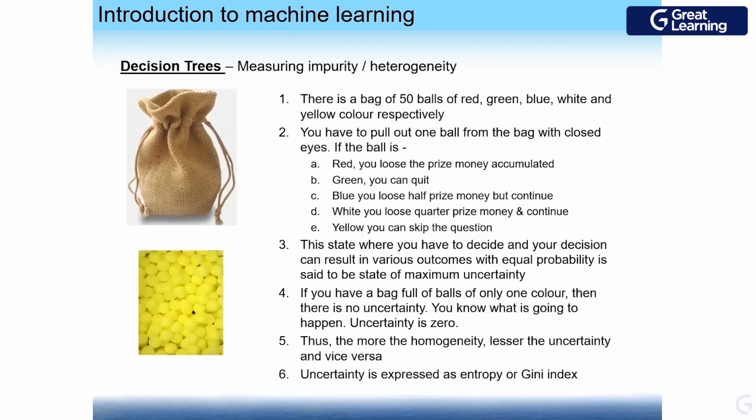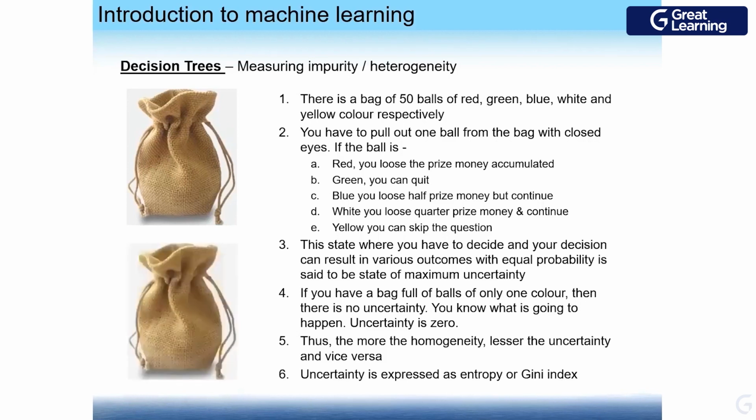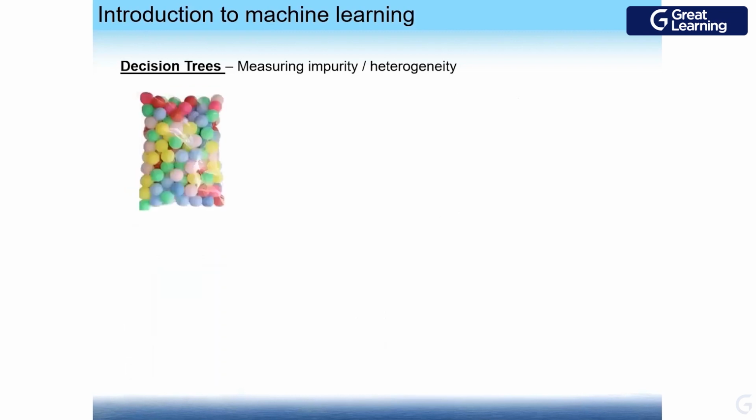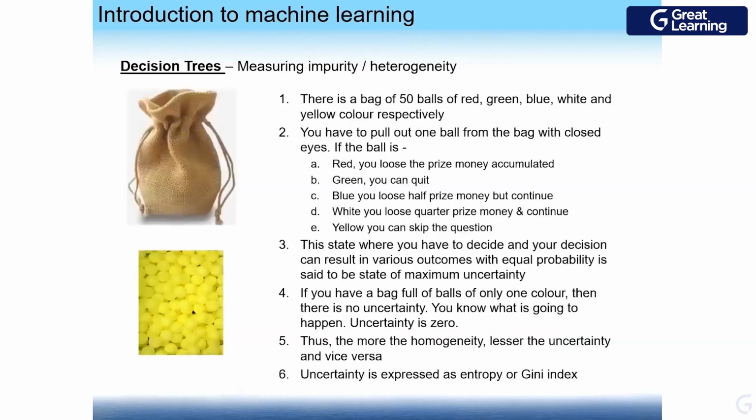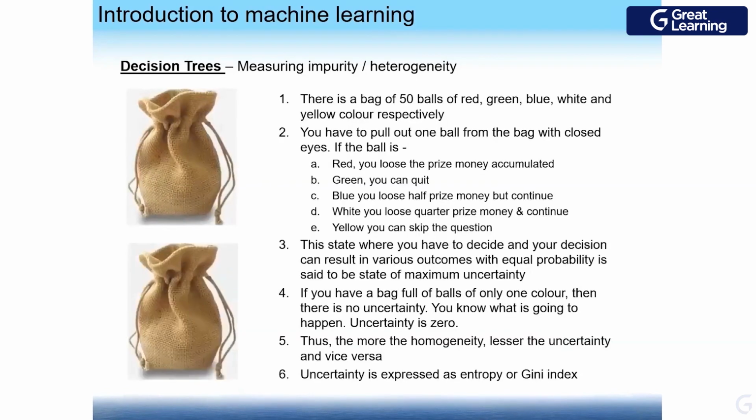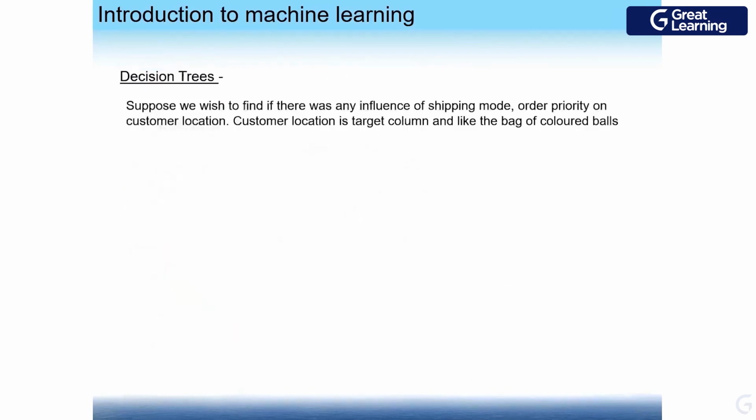On the other hand, if I give you a bag like this, and I ask you to pull out the ball, you know what color it's going to come. There is no uncertainty. In short, heterogeneity means entropy. Homogeneity means zero entropy.